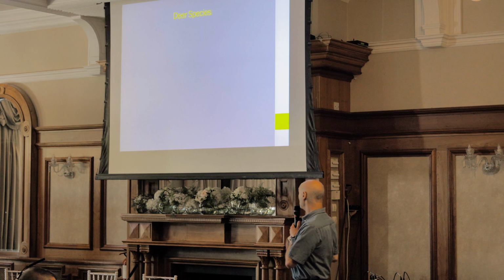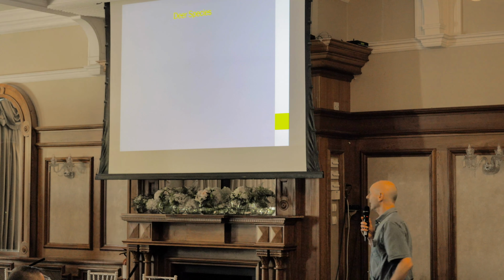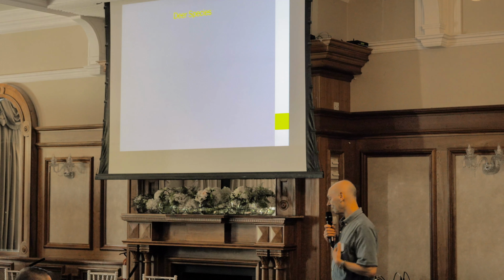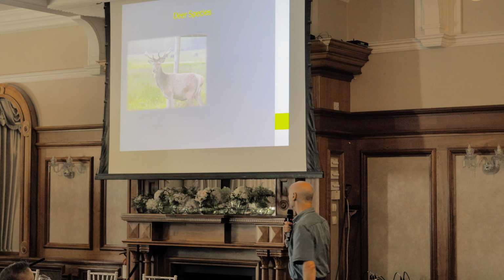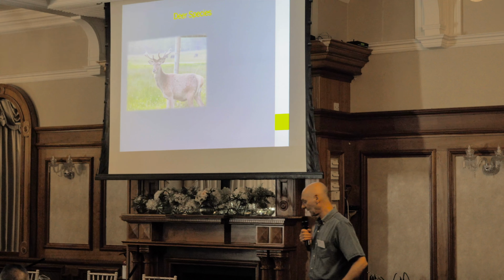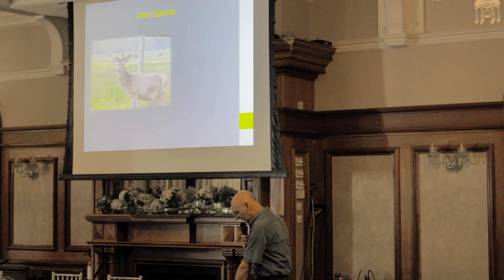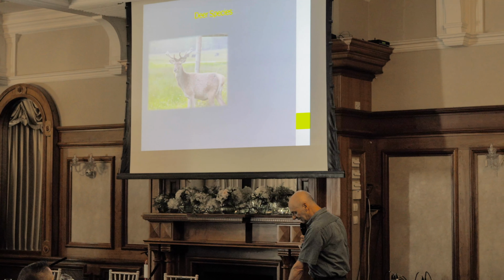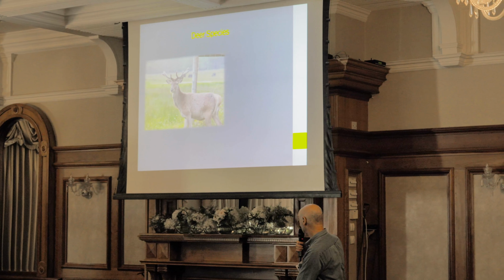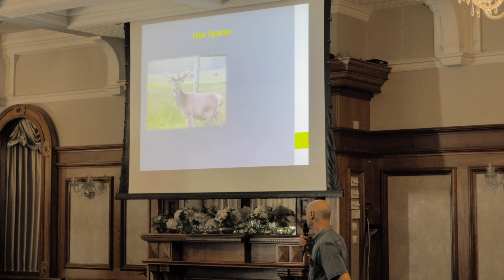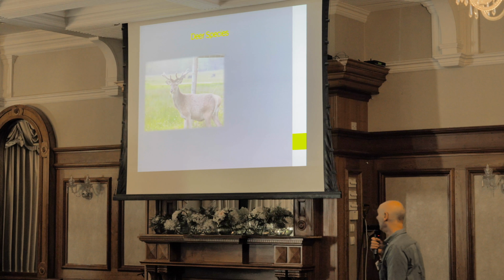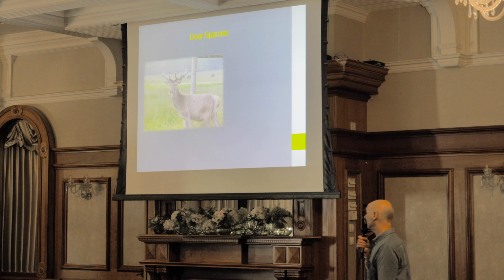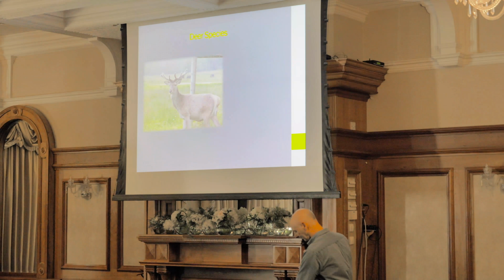Now, I'm just going to deal very briefly with the deer species that we have currently in the country. We all know the red deer. They're quite numerous, but not that numerous in actual fact. They're relatively clumped in different parts of the country: Donegal, probably Kerry, and parts of Mayo, but they're spreading into other areas as well.